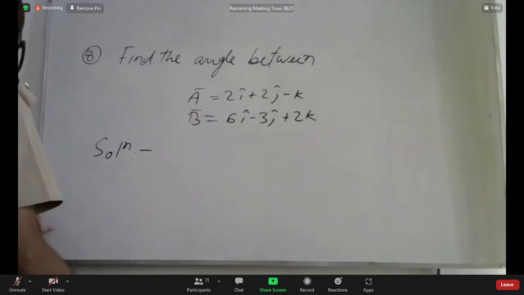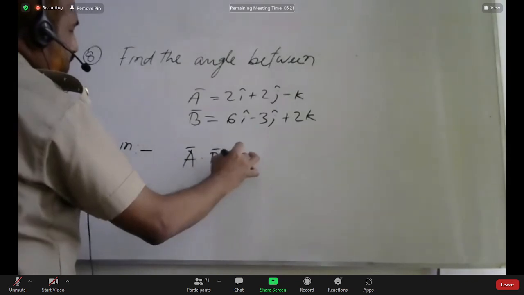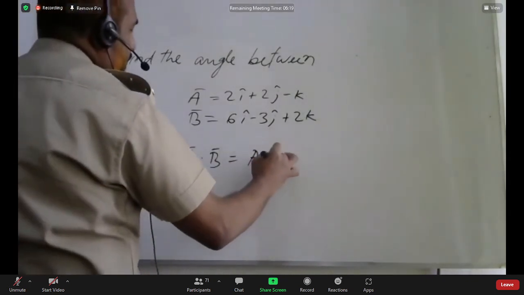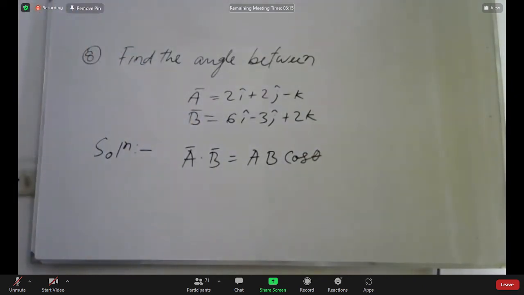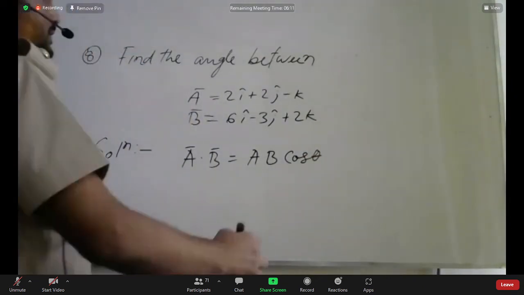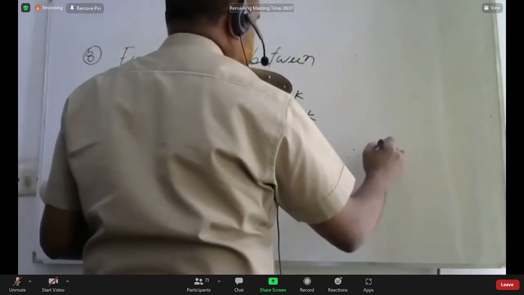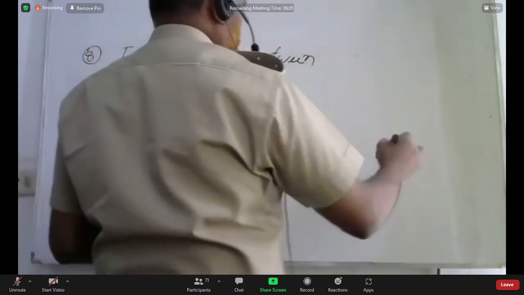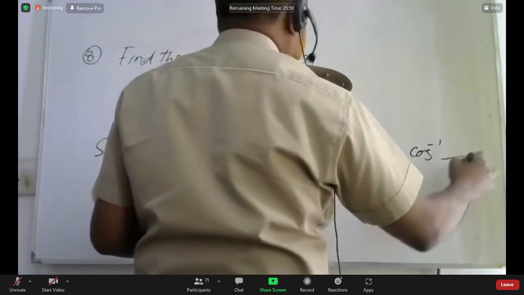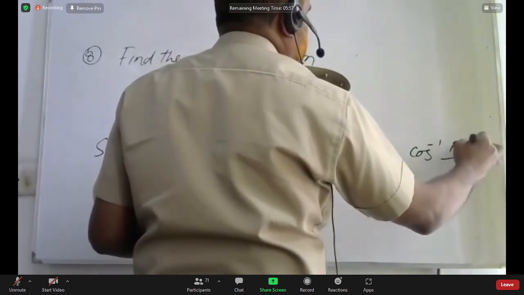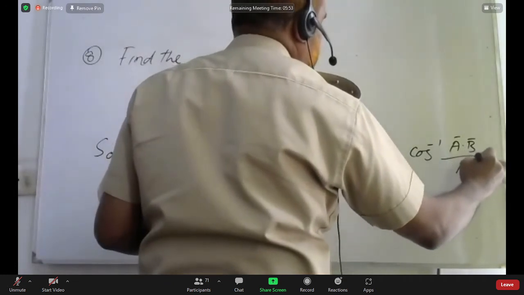We know A dot B is equal to AB cos theta, isn't it? Yes, sir. Therefore theta is equal to cos inverse of A dot B divided by AB.